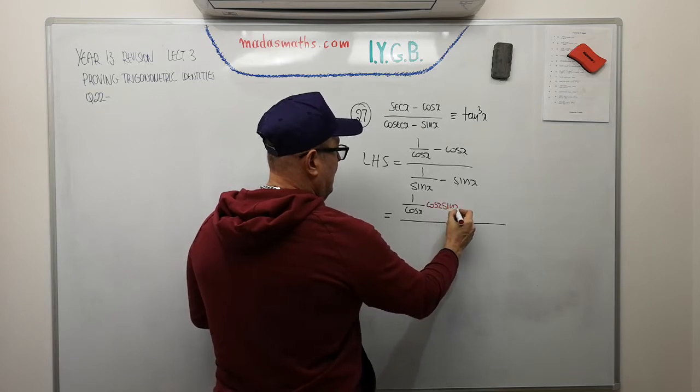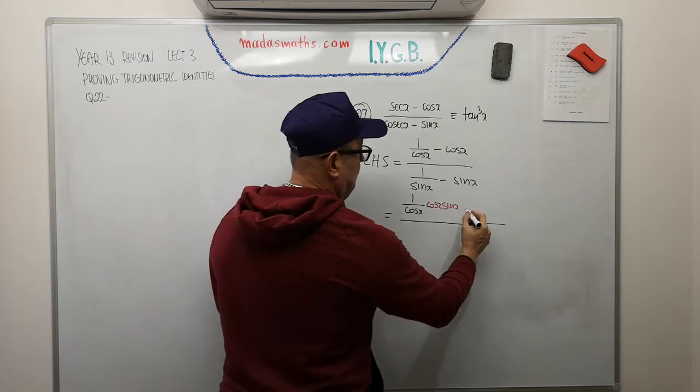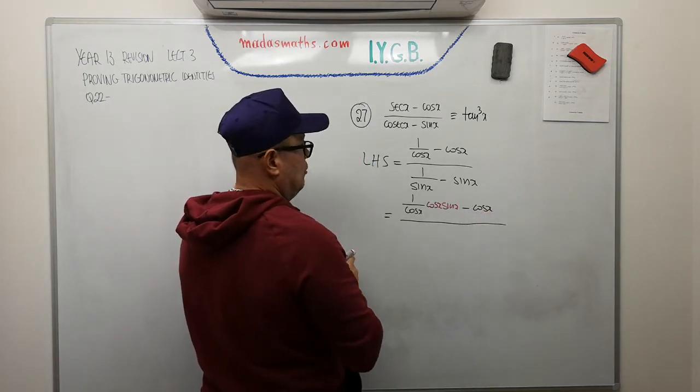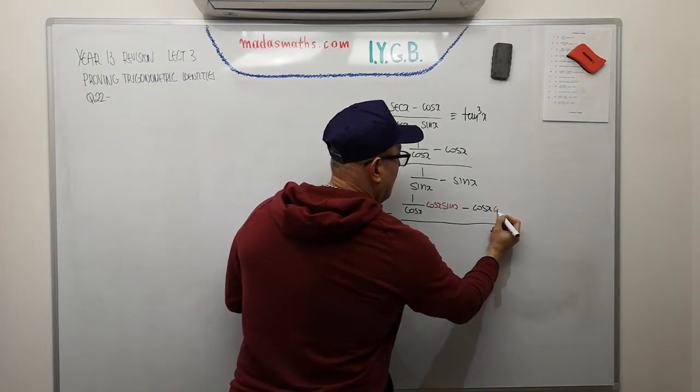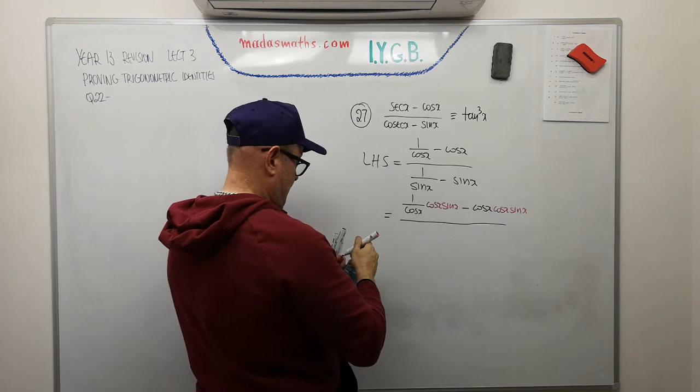Cos x, sine x, minus. There's the cos of x, and I need to multiply this term as well by cos x, sine x.